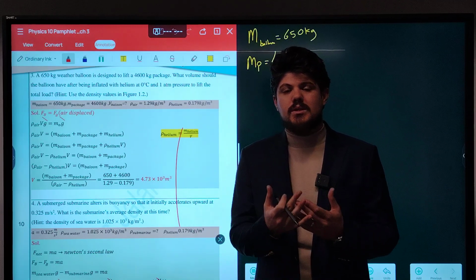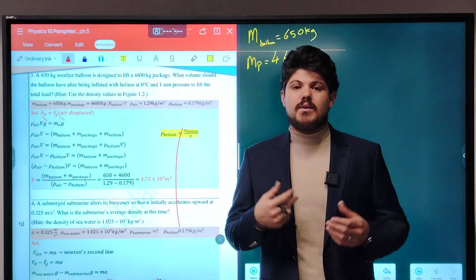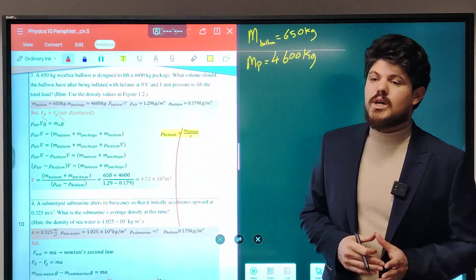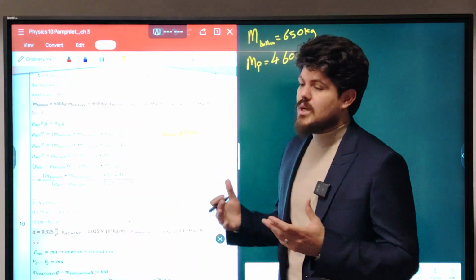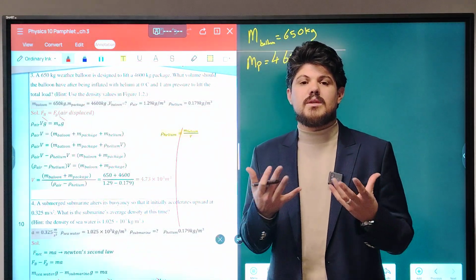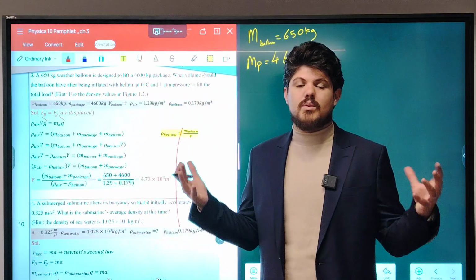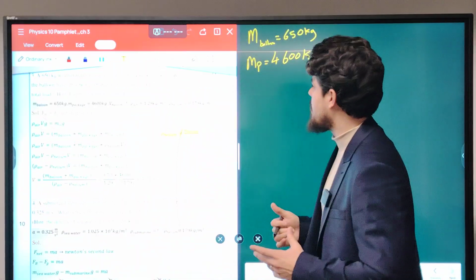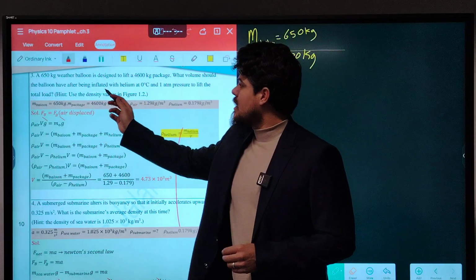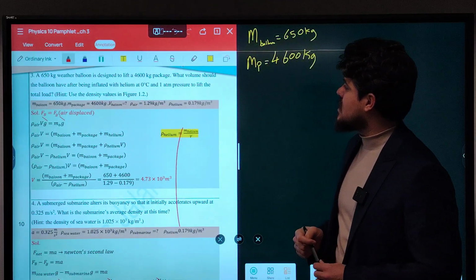The mass of the persons, for example, that can be lifted by the balloon is 4,600 kilogram. The balloon can lift this mass of material, which is equal to 4,600 kilogram. What volume should the balloon have after being inflated with the helium at 0 Celsius?